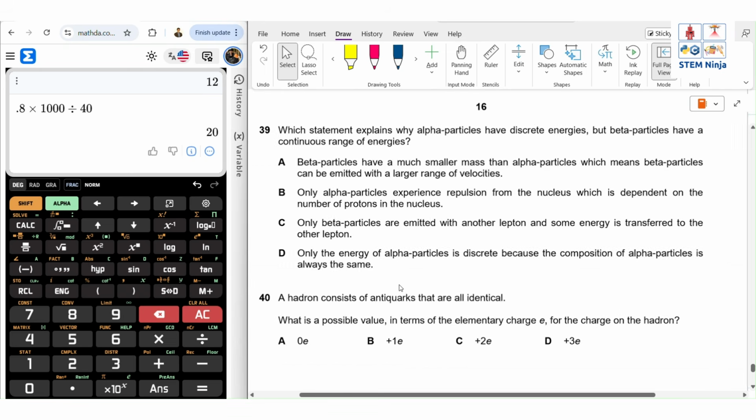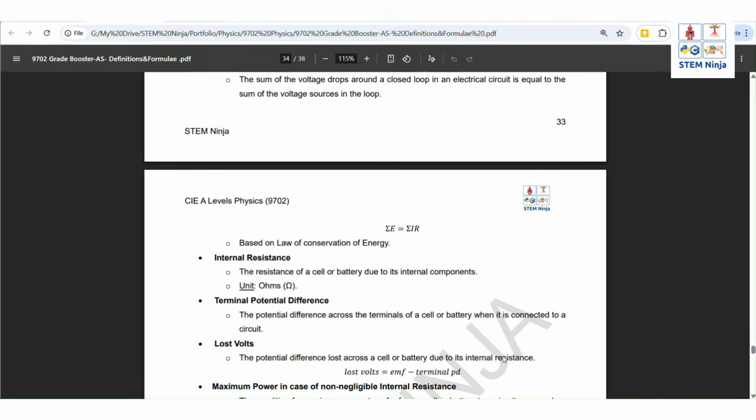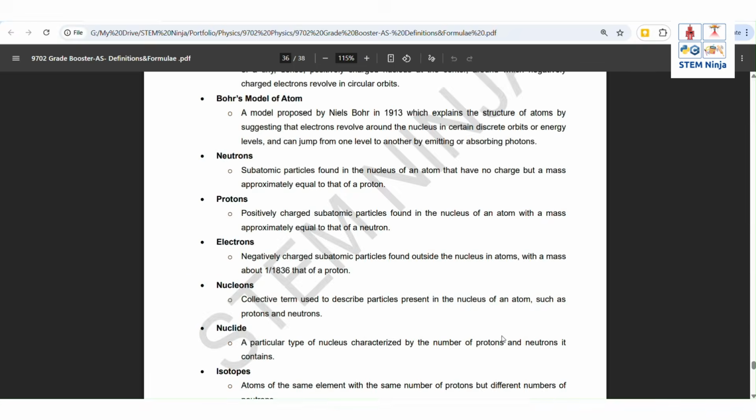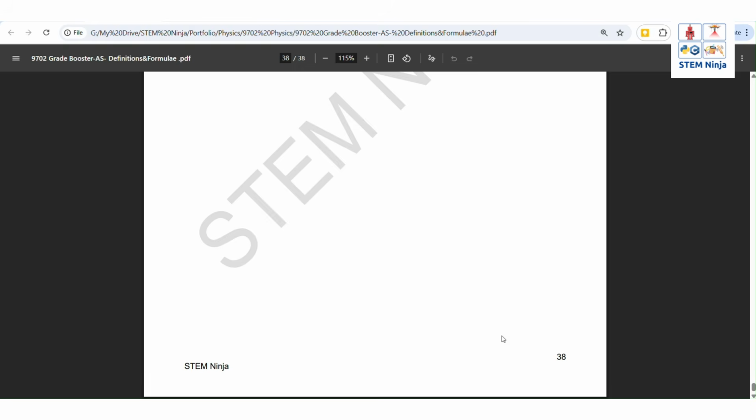Which statement explains why the alpha particle has discrete energies but the beta particle has a continuous range of energies? So the only reason is that the beta particle has to share that energy with the antineutrino.